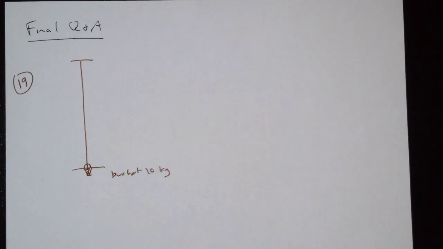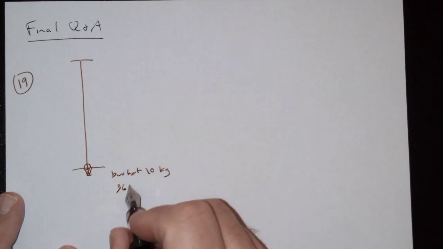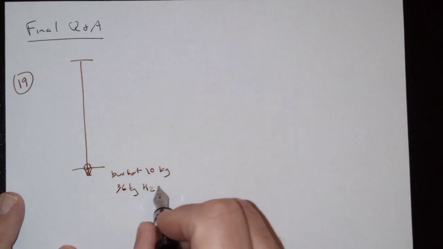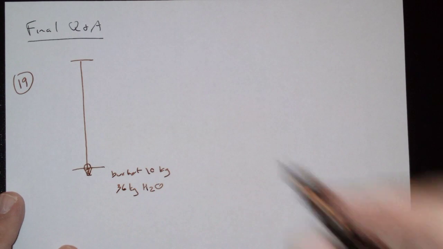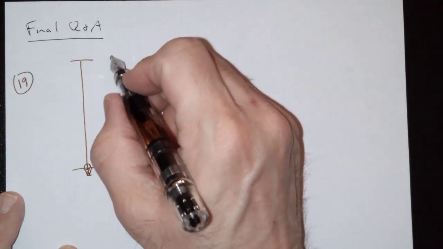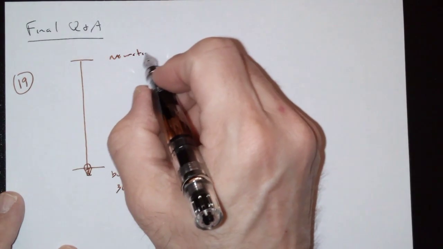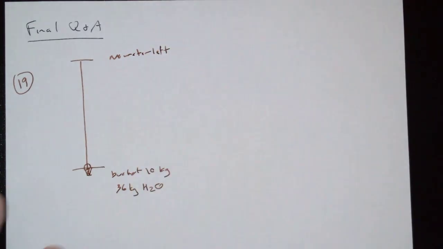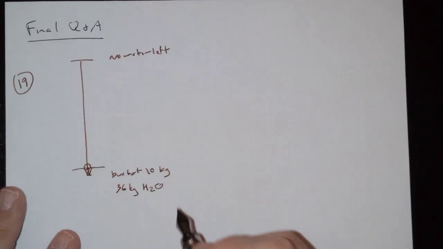And at the bottom of the well, or wherever we're coming out of, from the ground, it contains 36 kilograms of water. By the time it gets up here, there's no water left. And it leaks at a constant rate.